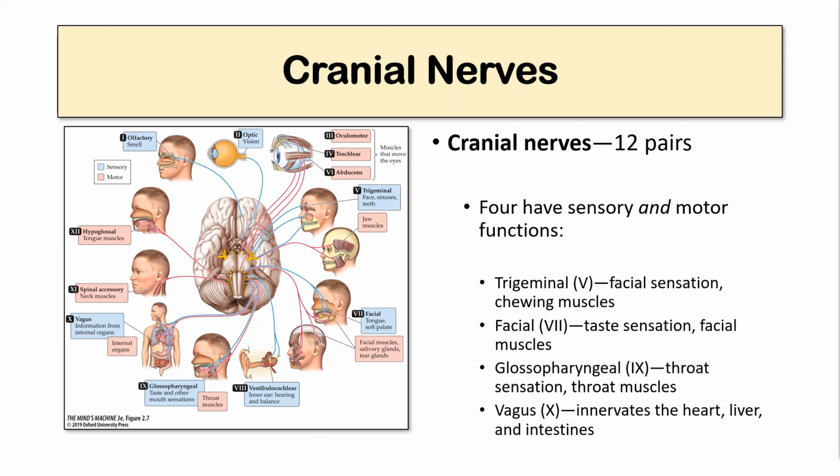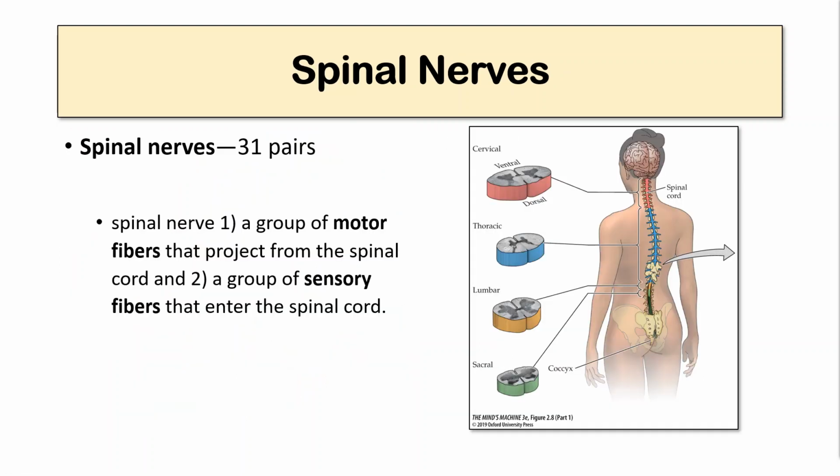What about the other types of nerves that we have? The spinal nerves. Now the spinal nerves are those nerves that are going to come off of the spinal cord. And the spinal cord has different areas: the cervical or neck area, thoracic, the lumbar, and the sacral.